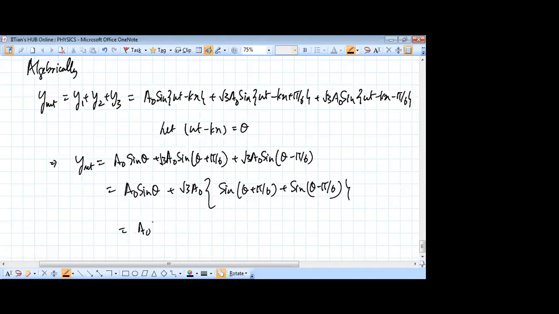So this will become 2 times sine of this plus this by 2, so that will become sine theta, and cos of this minus this by 2, so that will become cos pi by 6.